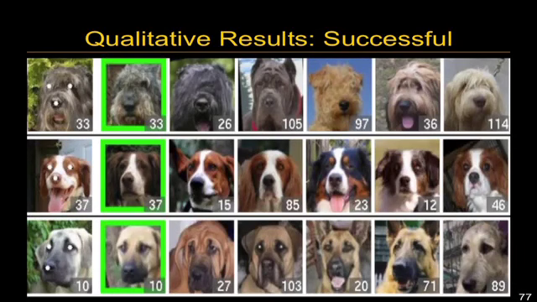So this shows some examples of results where on the left here is a query, and on the right, in this case, for all three of these, we get the right answer as the top breed. And we're showing the next closest matches. And so you can see that in many cases, the next closest matches also look quite similar to the breed of the dog that we're looking at.